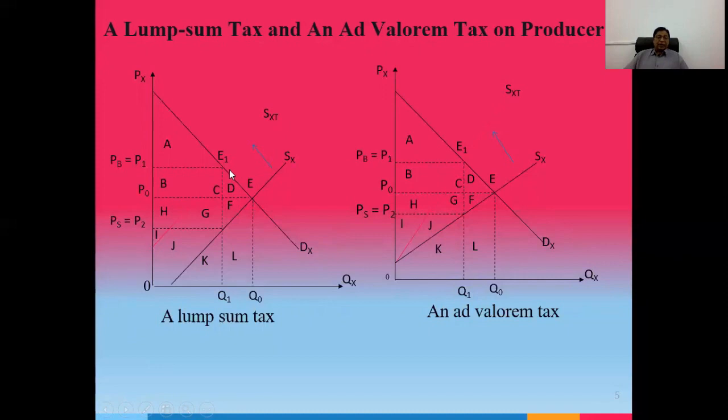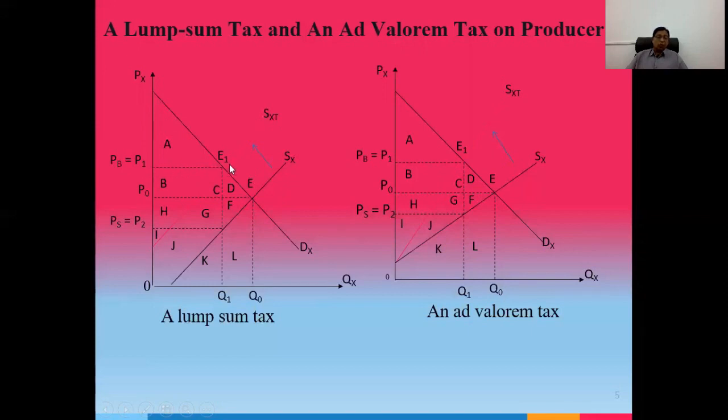After tax, new equilibrium occurs at point E1 with equilibrium price P1 and equilibrium quantity Q1. This equilibrium price is the price paid by buyers. Therefore, it is called buyer's price.